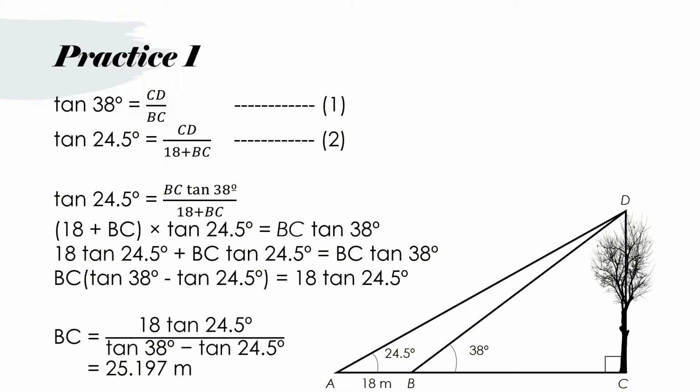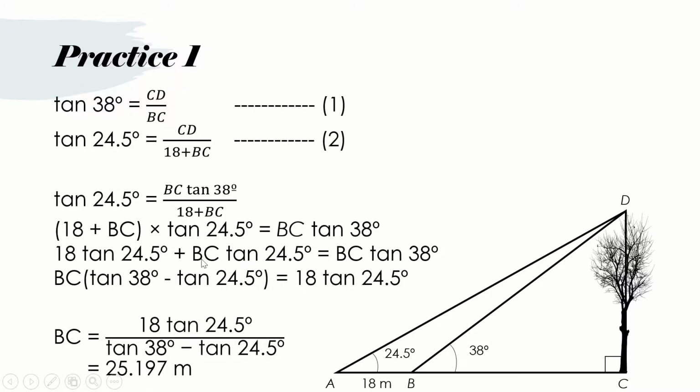So 18 plus BC times tangent 24.5 degrees equals BC tangent 38 degrees. Then 18 times tangent 24.5 plus BC tangent 24.5 degrees equals BC tangent 38 degrees.